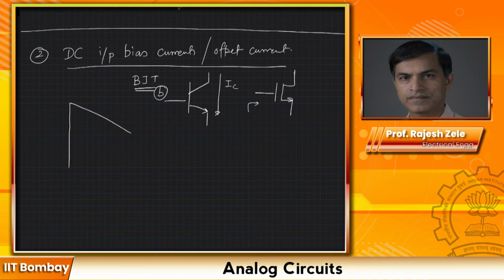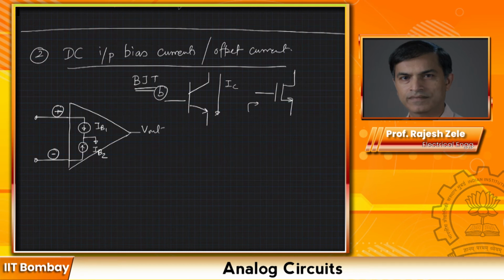So what we can do is show the DC bias current flowing in the amplifier like this. There will be some current flowing this way, and another current flowing this way. So this would be a positive input and this would be a negative input, and let's say there is IB1 and IB2, and this is your VM.